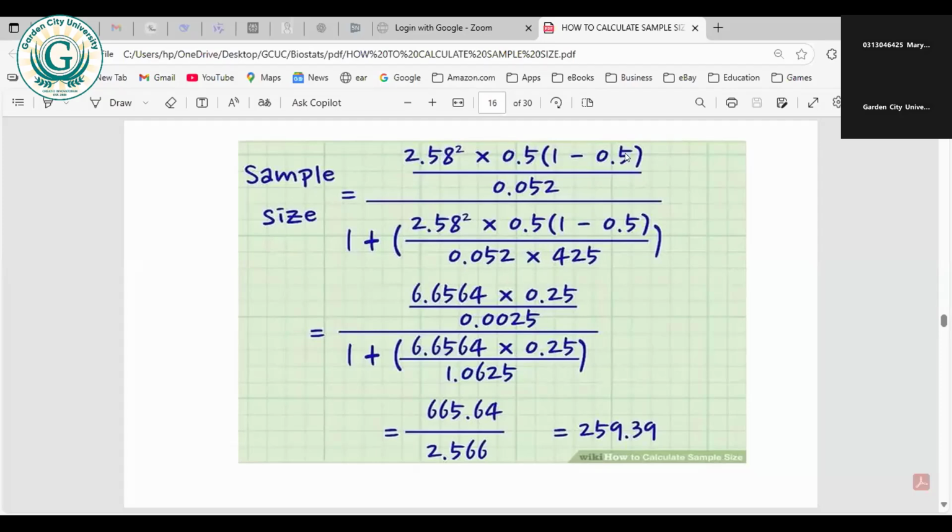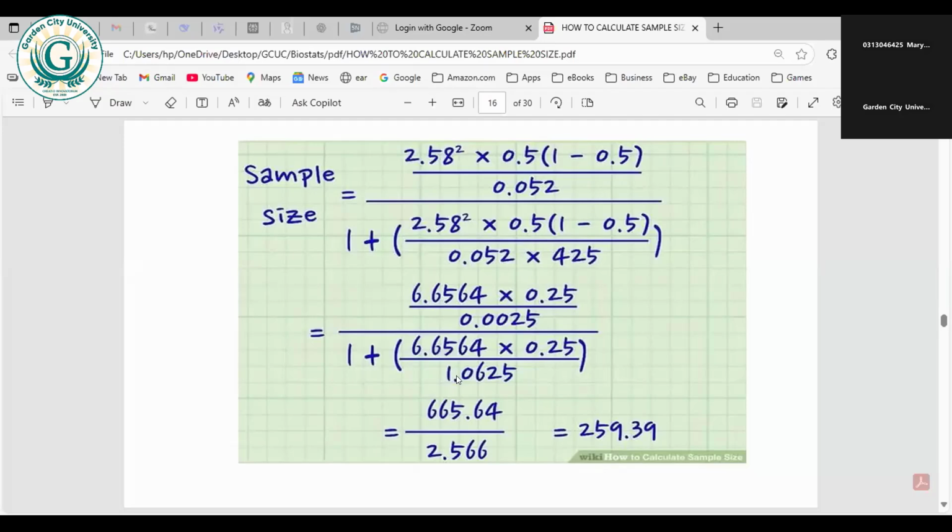So whatever we got for the top this side, that was 6 point something, I can't recall. Right, that was 6.6564. So you see that we still have the 6.6564 here, because it's the same thing, times the 0.25. Then you can square this 0.05, and that will give us 0.0025. You multiply the 0.0025 by 425, and then you get this.